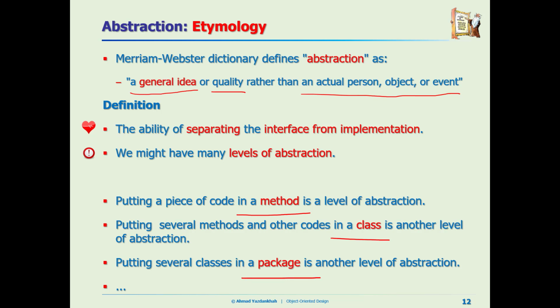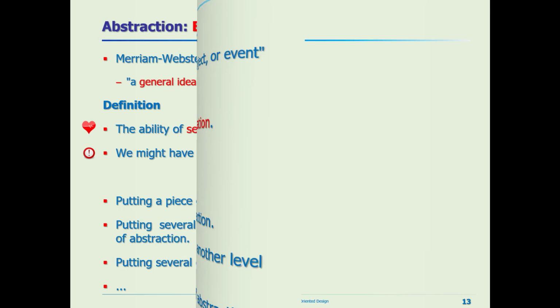We can continue this to the layers and structure of the software, or from here we can go up and say, for example, the symbols, the numbers, and whatever you write in your program, all of them are levels of abstraction.